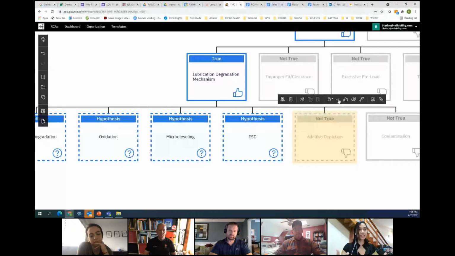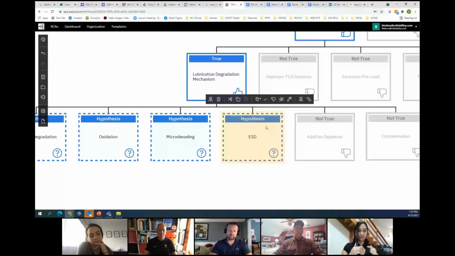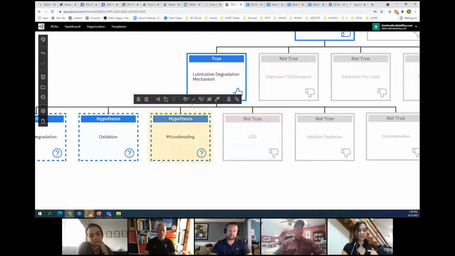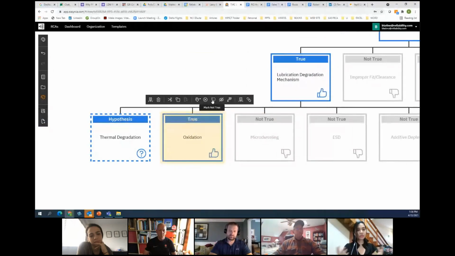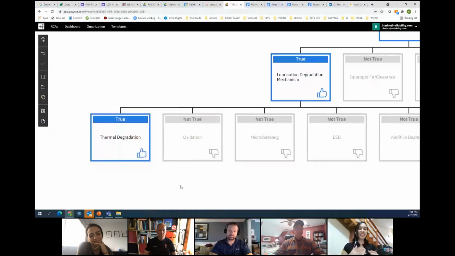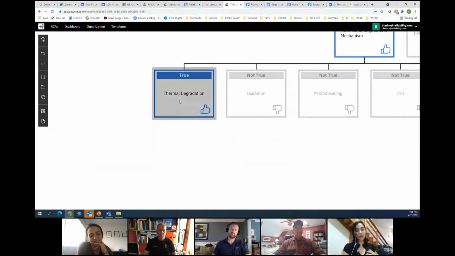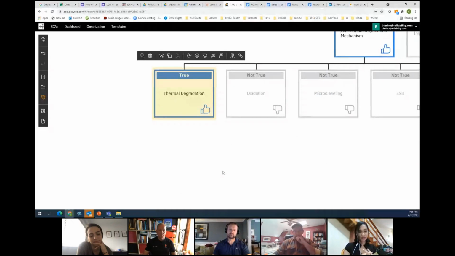With microdieseling, you're going to see pitting on the inside of your equipment. With ESD, you're going to see burn patches on your filters. Additive depletion, you'd have to verify with the lab. And with contamination, depending on how much there is, you can either physically see it or verify it in the lab.